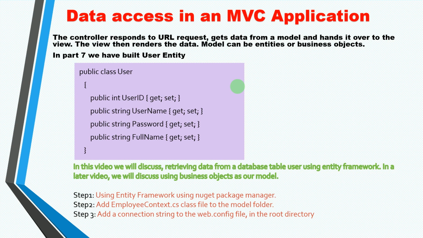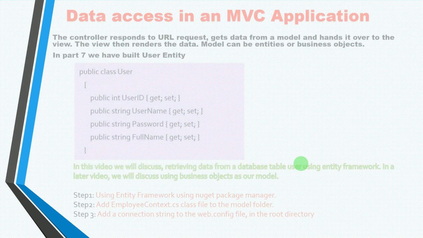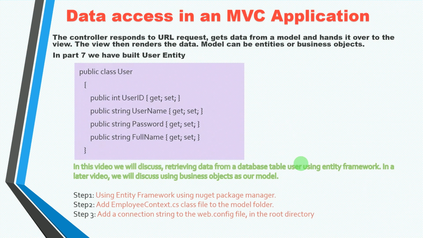Okay, so in this video we will discuss retrieving data from a database table, using the user table and Entity Framework. In a later video we will discuss using business objects as our model.